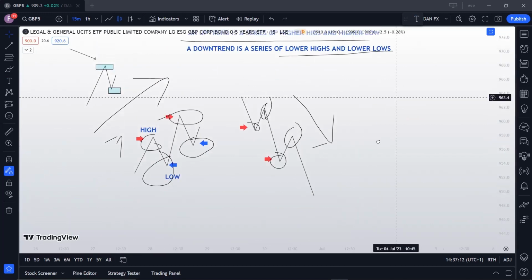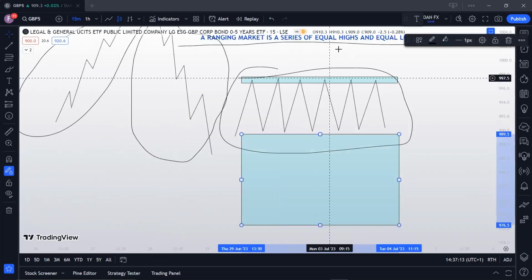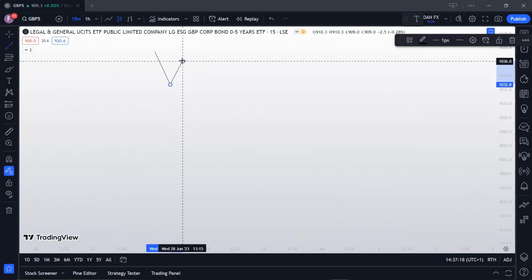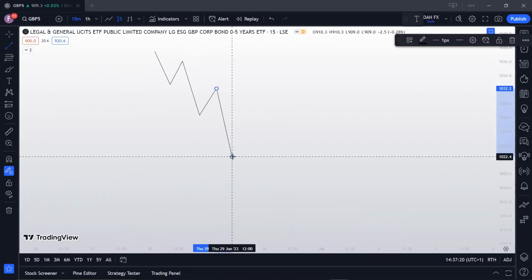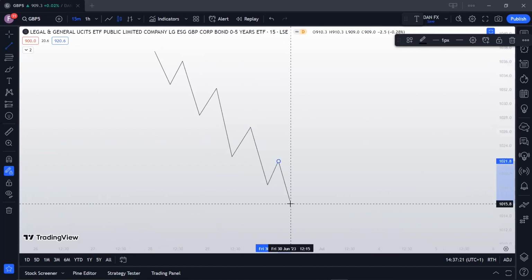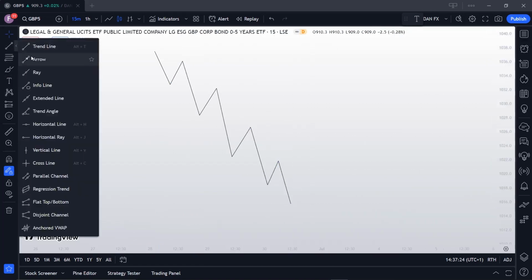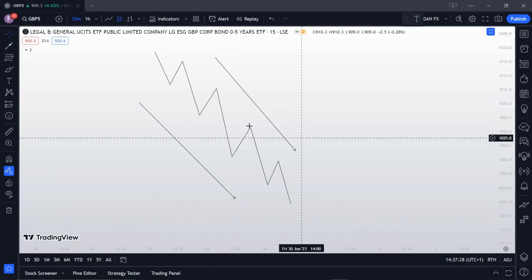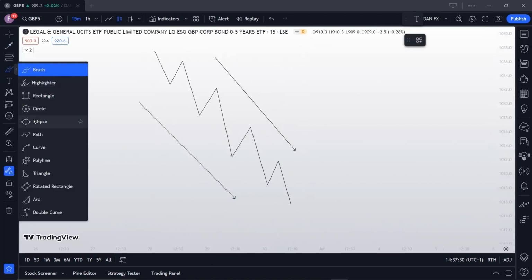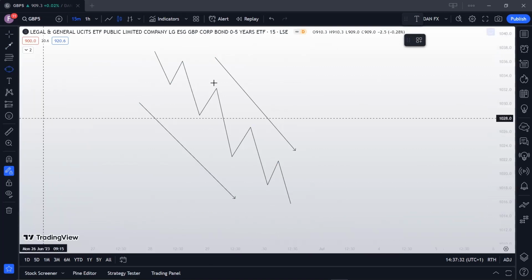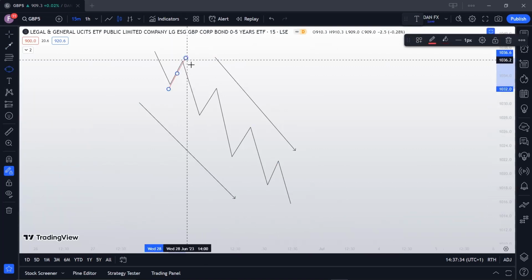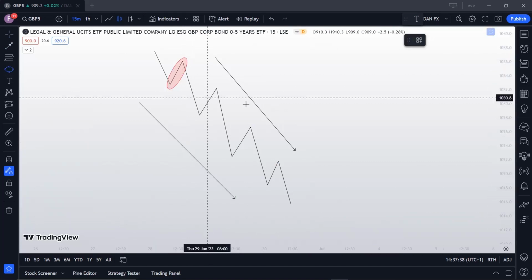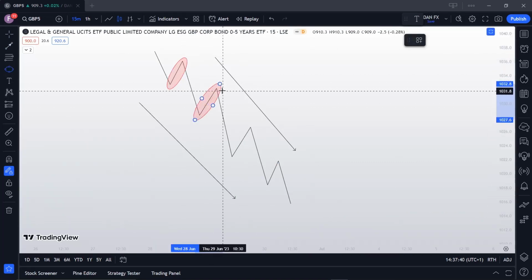Now, when it comes to the trends, there's something you need to know about the trends. So when you have a downtrend, for example, this is a downtrend, right? Because you have lower highs and lower lows, so the market is trending to the downside. That means the market is going down. These structures here, these up movements in this downtrend, have a name, and it's called pullbacks.